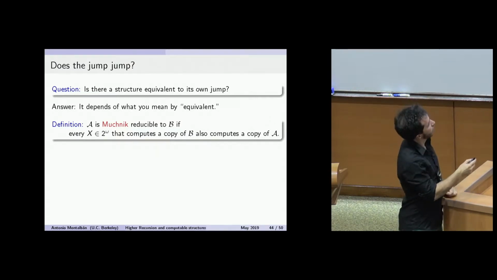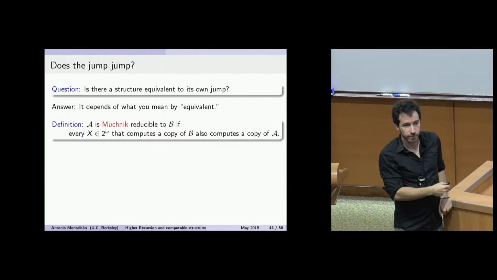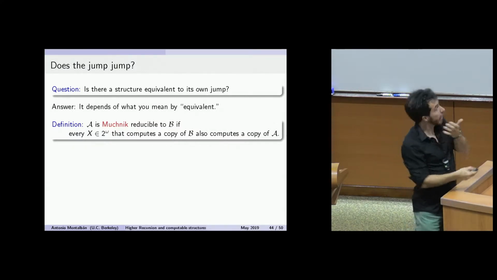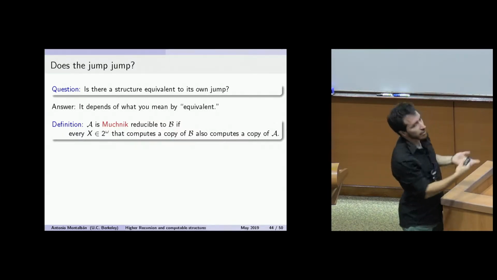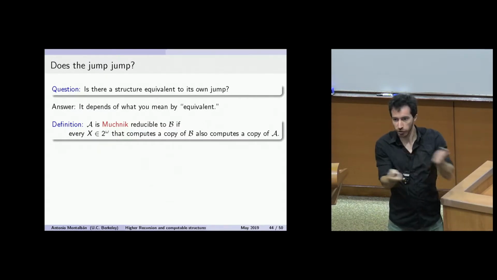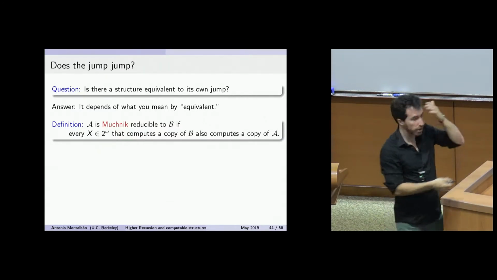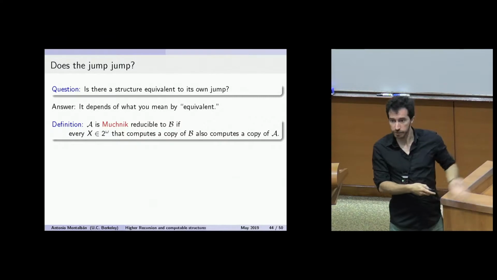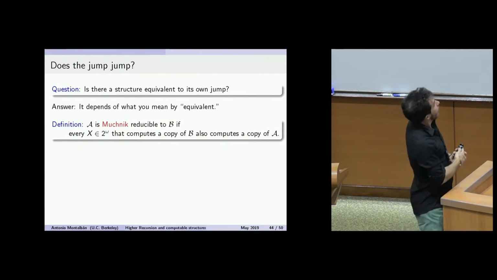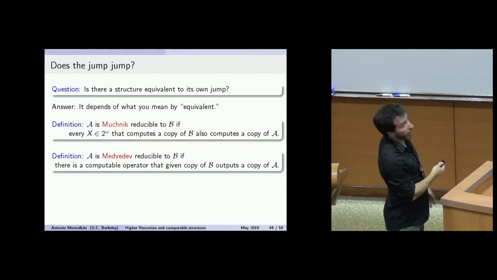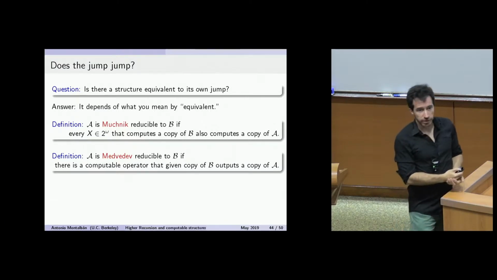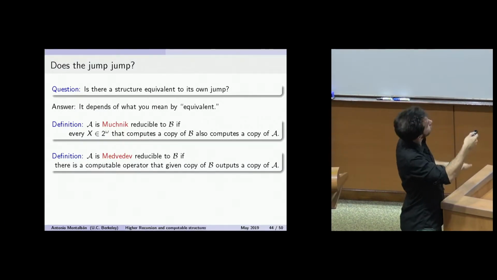Whenever you are given a presentation of B, you can use it to compute a presentation of A. And then, of course, from the reducibility, we can talk about Muchnik equivalence. Now you reduce in both senses, which in this case means you have the same degree spectrum. Or you could look at Medvedev equivalence, which is a strong reduction.